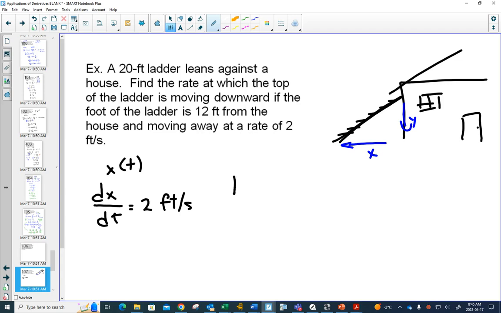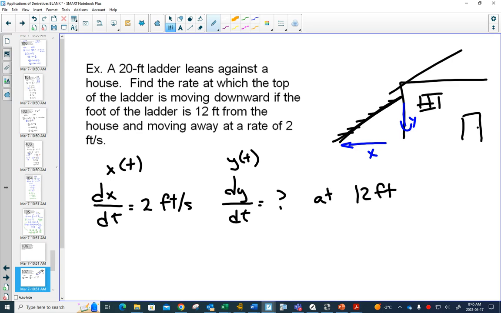We want to find out how fast dy dt is changing. This tells us that y is a function of time at 12 feet.